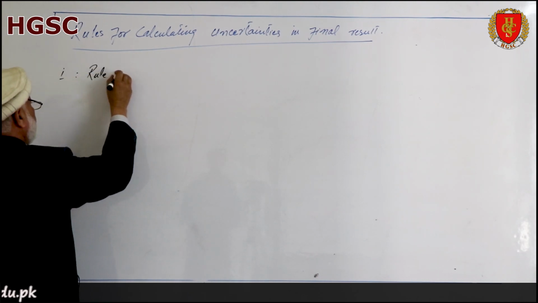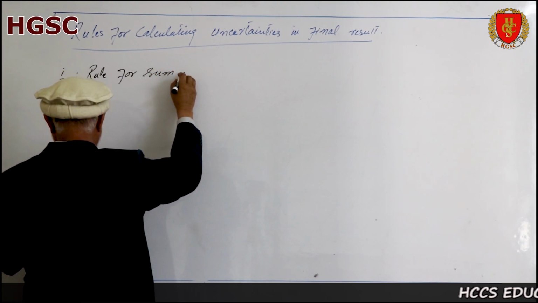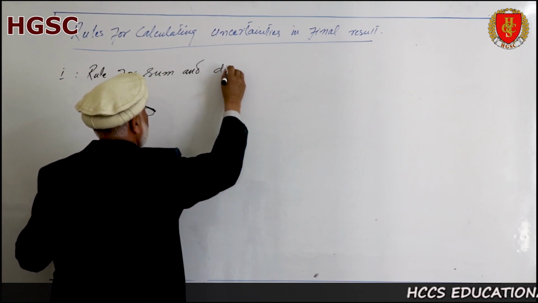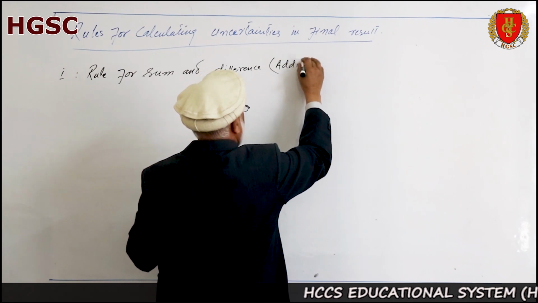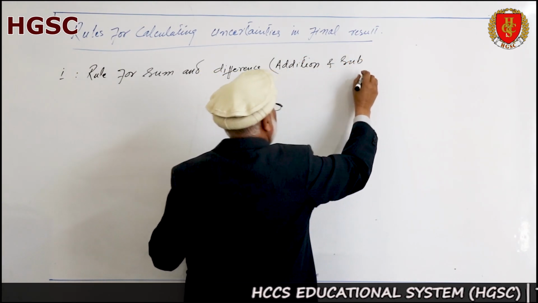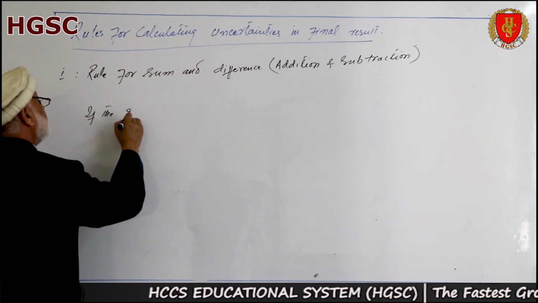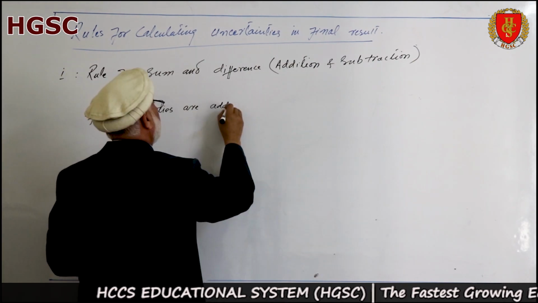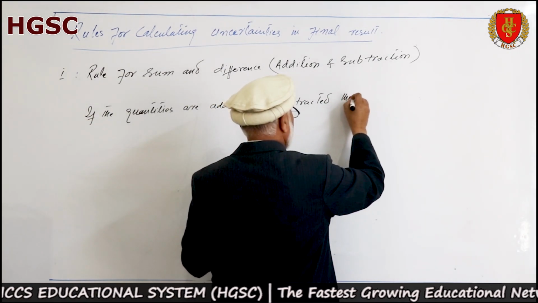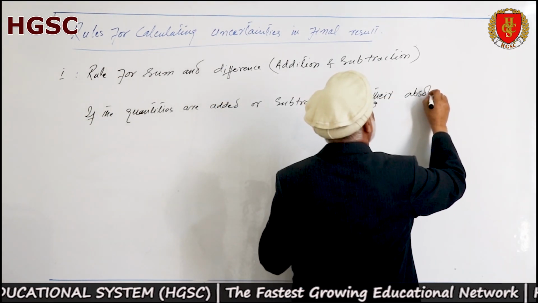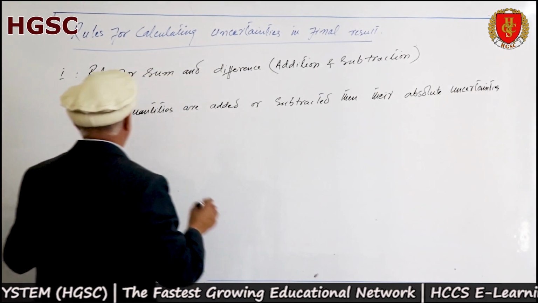First of all, the rule for sum and difference, that is, addition and subtraction. If the quantities are added or subtracted, then their absolute uncertainties are added to get the uncertainty in the final result.